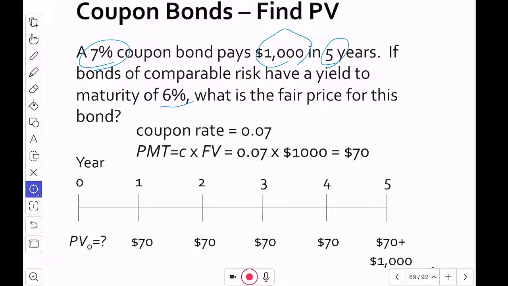So, what do you expect to pay for this? What do you anticipate? It's a 6% yield to maturity, but I'm getting more than 6% of 1,000 every period. So should I be prepared to pay more than 1,000 for that?